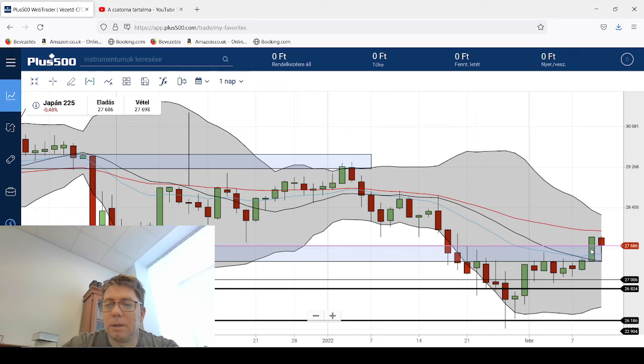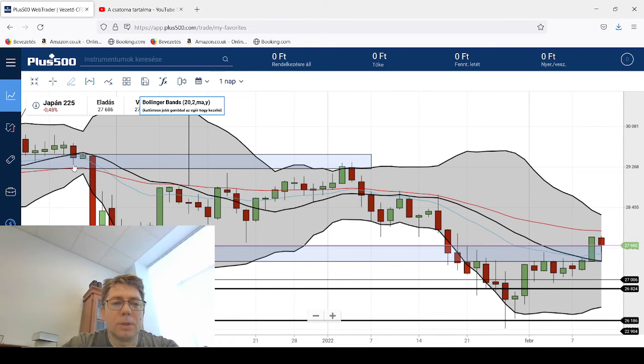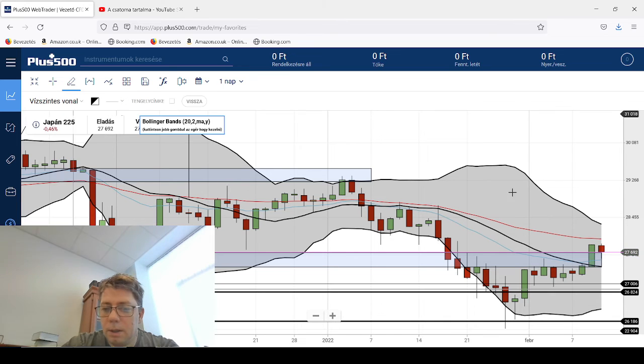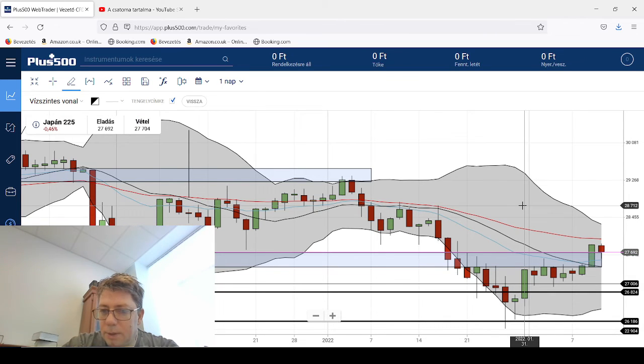And we are above this area of resistance that's now support. And we need to get above the 50-day EMA. And if we do, then let me just see. Where are we? This is going to be my price target, 28,700.